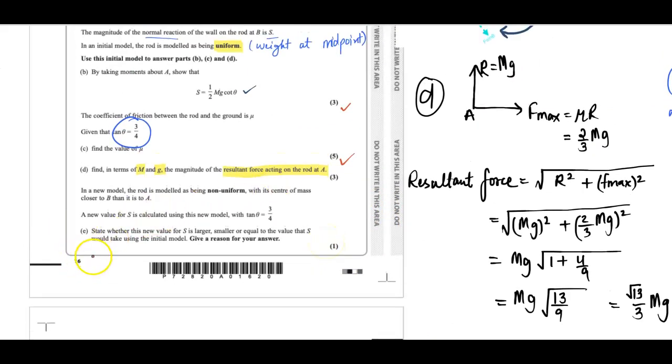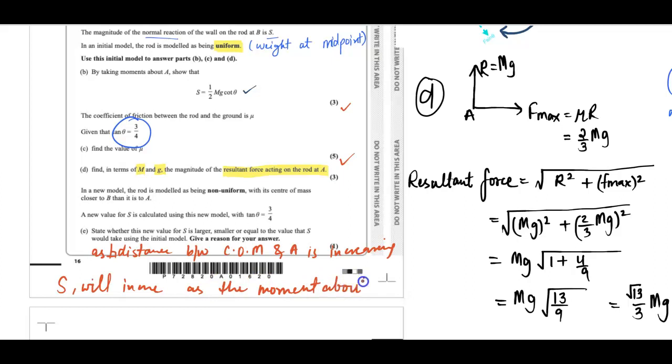So you are going to say that as the perpendicular distance between the center of mass and A is increasing, S will increase as the moment about A will increase. And you have seen S depends upon the moment about A.